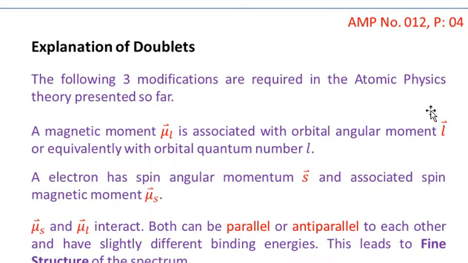So very simply, we have the orbital angular momentum, and associated with that we have the orbital magnetic moment mu L. And the new quantity that we are talking about is the spin angular momentum, and the quantity associated with it is the spin magnetic moment. So we have the L vector, associated with that we have the mu L vector, and similarly we have the S vector, and associated with the S vector we have the mu S vector.